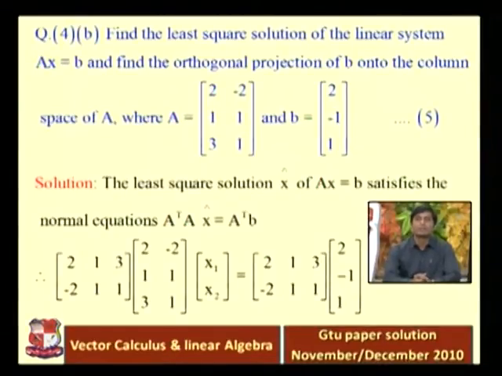A is in the form of 3 cross 2, so A transpose is in the form of 2 cross 3, right? Just interchanging the rows and columns. So A transpose is (2, 1, 3; -2, 1, 1), A is (2, -2; 1, 1; 3, 1), x caret is (x1, x2), that is equal to A transpose (2, 1, 3; -2, 1, 1) into b, that is (2, -1, 1).